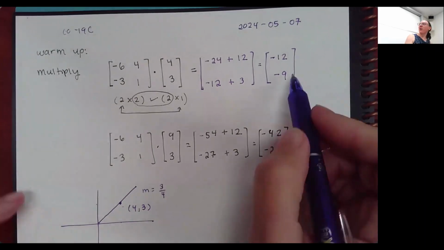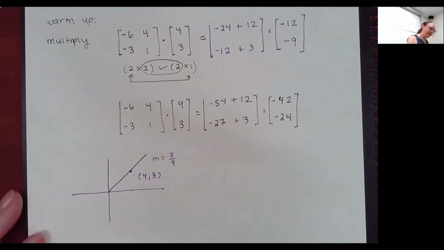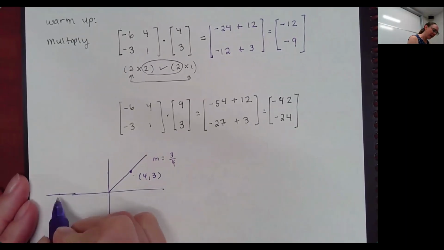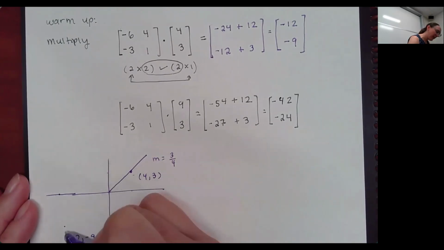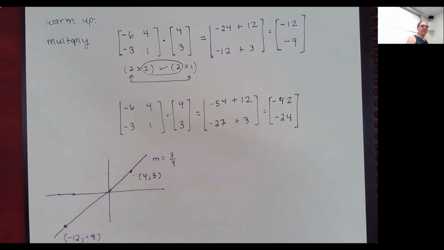And if I think about this other vector, -12, -9, that says I'm going out -12 in this direction and then down 9, so that's at the coordinate -12, -9. And these are actually on the same line.